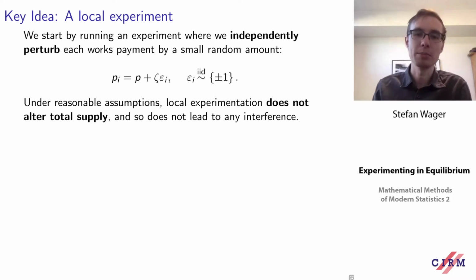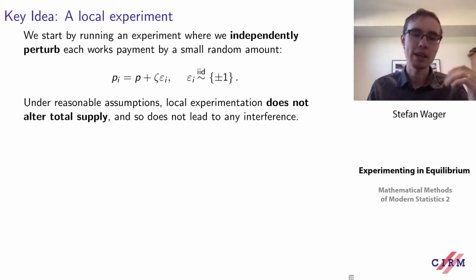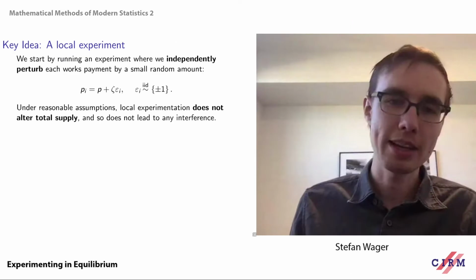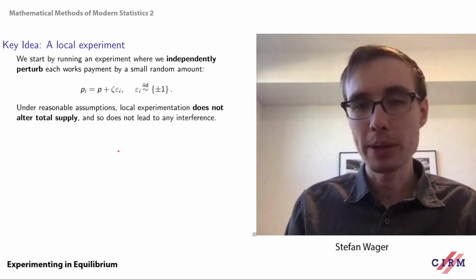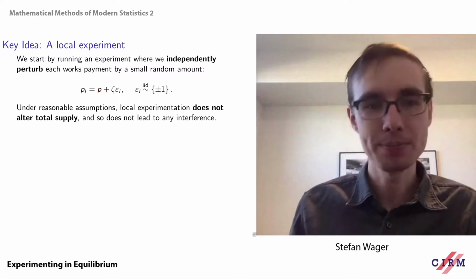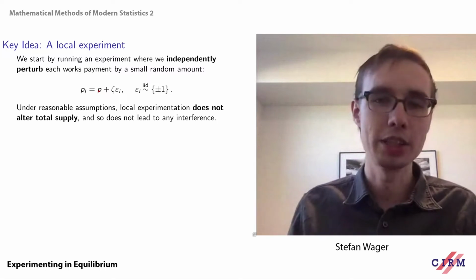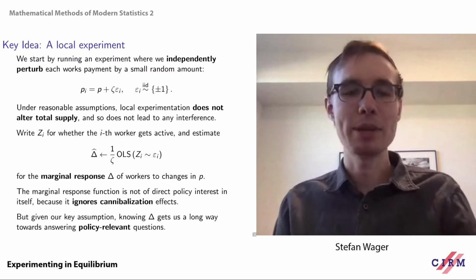So pay everyone just a little more or just a little less than this target level P. What's interesting about this is that if we assume the distribution of outside options, or the activation function, is continuous and smooth, then adding these small mean-zero perturbations to the target payment P shouldn't affect total supply, because you're not changing the average participation decision. So this doesn't lead to any interference in itself, and it's going to let us measure something.